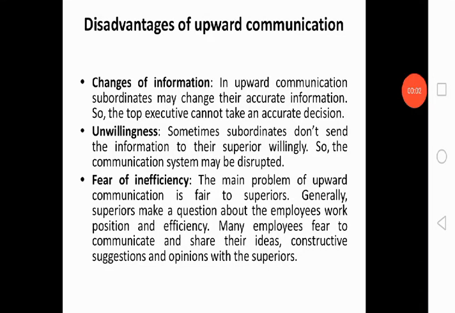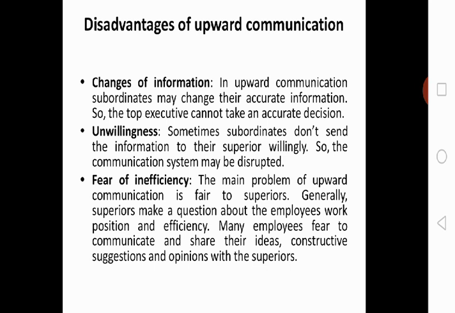Next, we are considering the disadvantage of upward communication. For anything, if there is an advantage, a disadvantage will follow the advantage. So the disadvantages are changes of information. In upward communication, subordinates may change their accurate information.